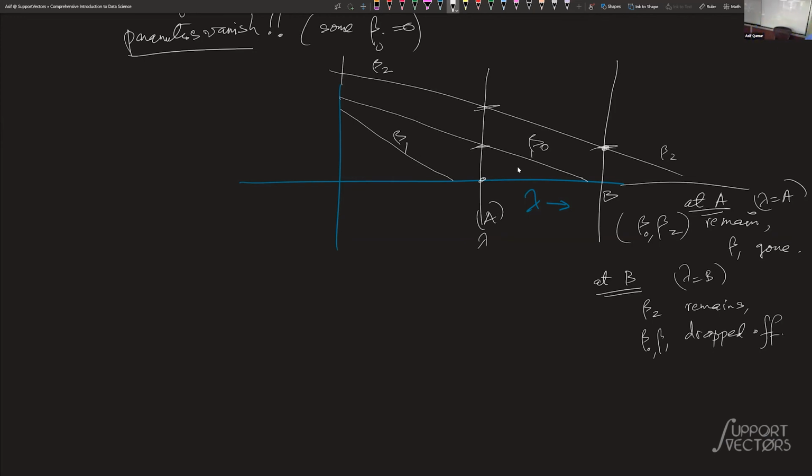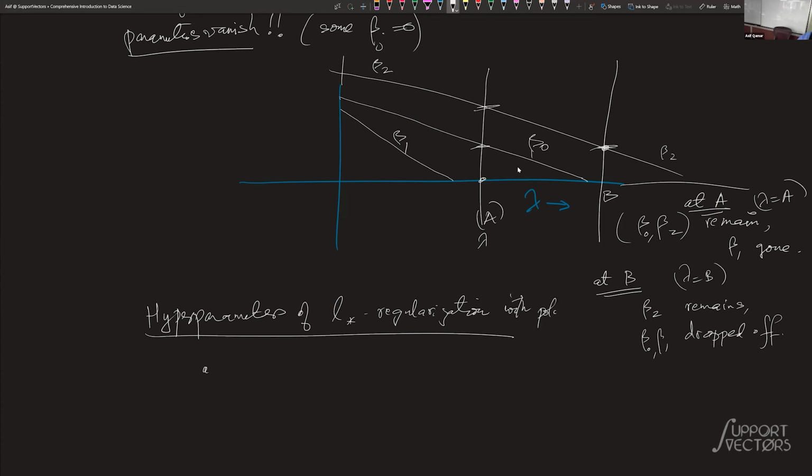And with that, I'll summarize hyperparameters now. Let me just call it L star regularization. By star, I mean whatever: 1, 2, 3, 4, whatever. Regularization with polynomials. I will just take the example of polynomials. It is generalizable to everything else, but I'll just take the degree of the polynomial.